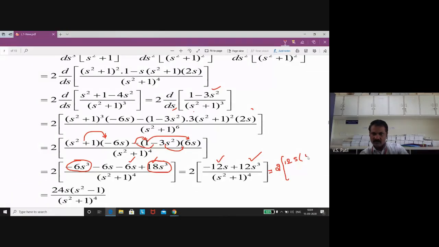It becomes s square, then this becomes minus 1, divided by the remaining term as it is here, s square plus 1 raised to 4. Am I right? Okay. Now, taking these inside the bracket, what did you get? 24s into s square minus 1 divided by s square plus 1 raised to 4.